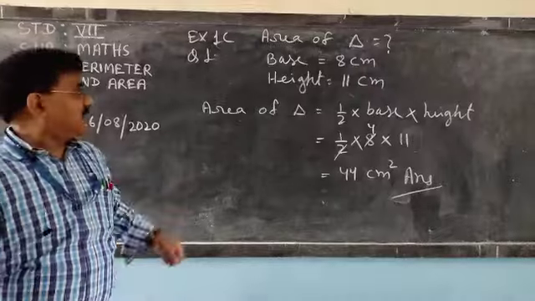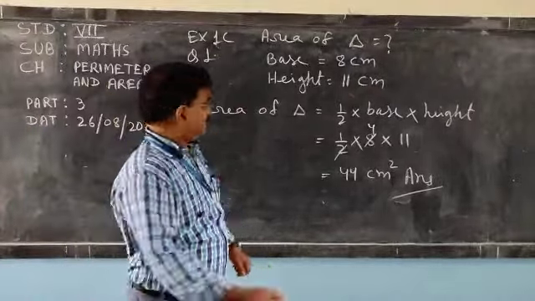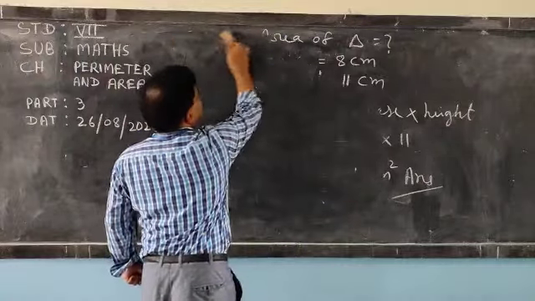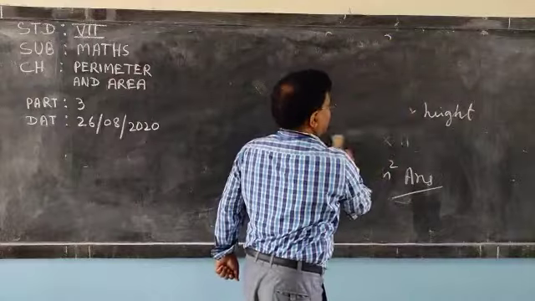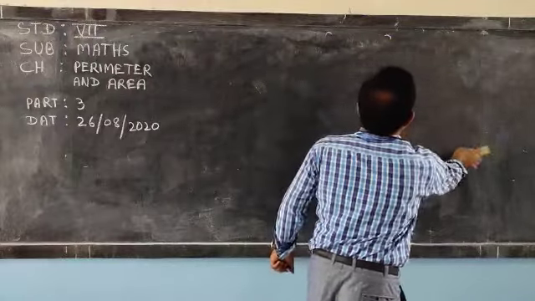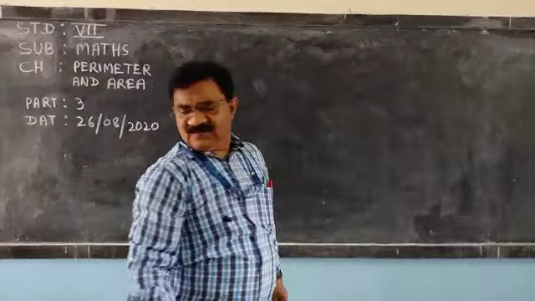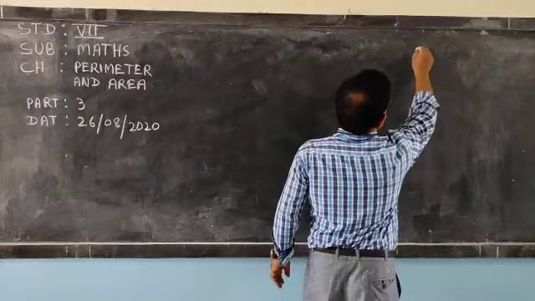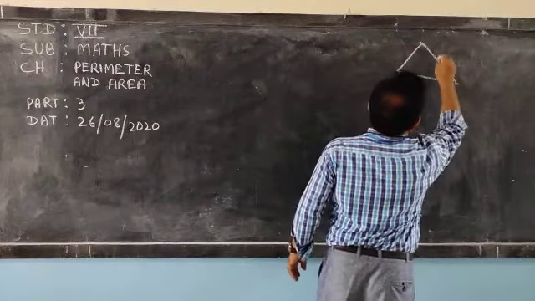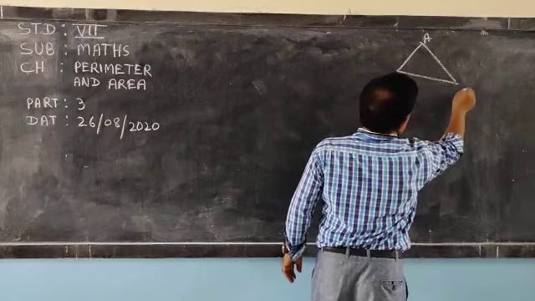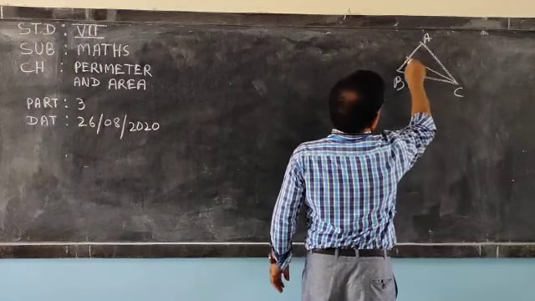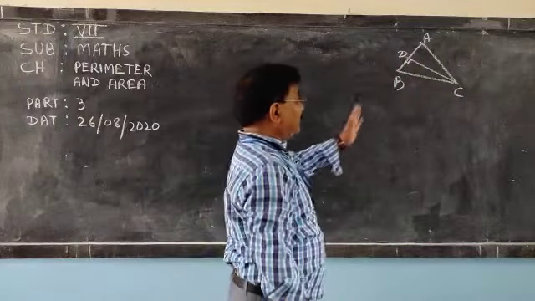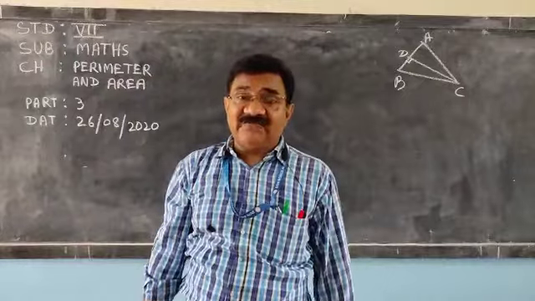Now one more thing I would like to explain. Suppose one diagram of a triangle is given. This is the diagram, A, B and C, and that is the D. Now, which one is the base and which one is the height in this triangle?